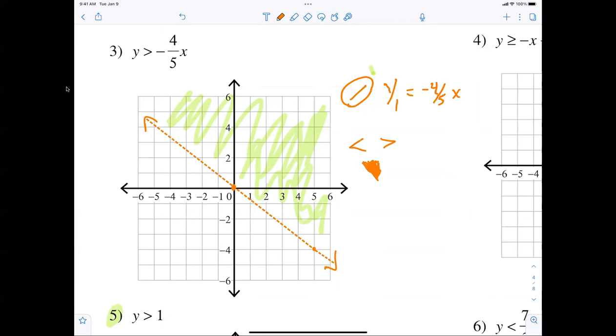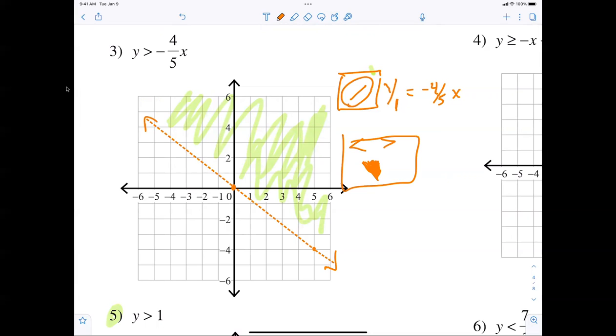All right, so under Y1, you're taking your cursor and moving it over to the left and hit enter. Then a screen comes up. You want to go down to the one that controls not the color, but the shading. You want to move your cursor, I don't remember if it was to the right or to the left, until you get to the one where it shades above.